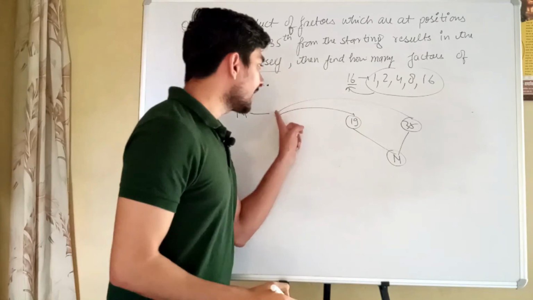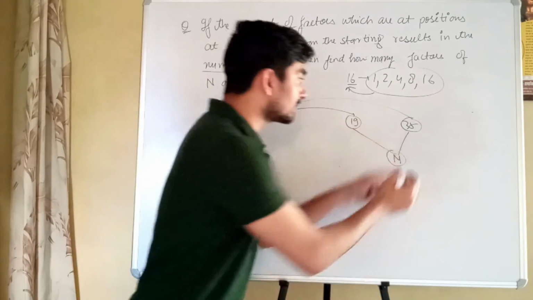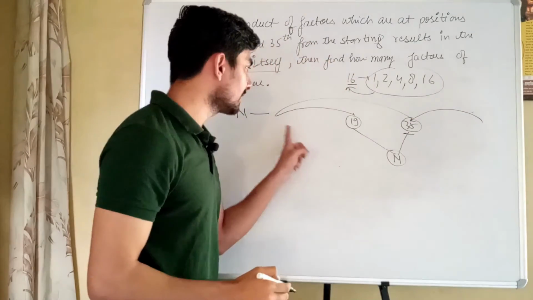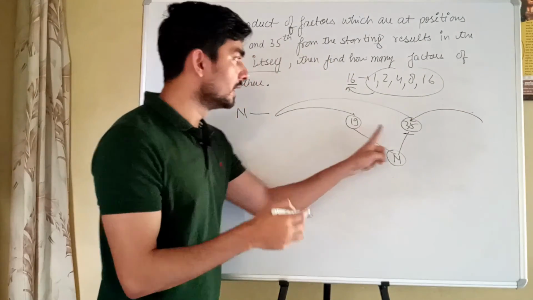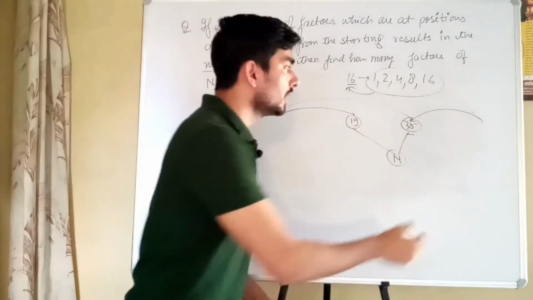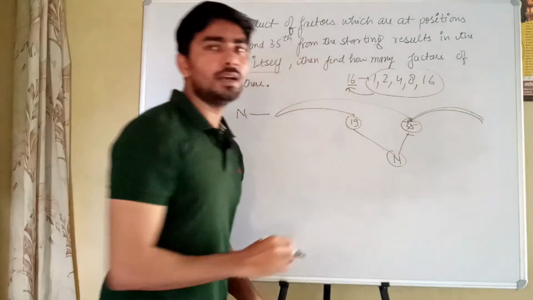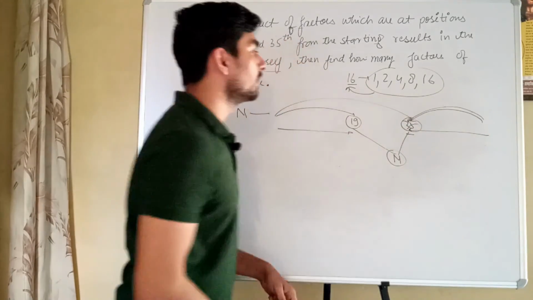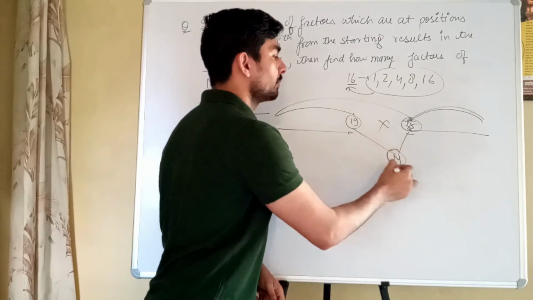So the 19th from the starting means this factor will also be 19th from the right side. If it is 19th from the left side, then the 35th factor must be 19th from the right side, and the product of these two will give the number itself.